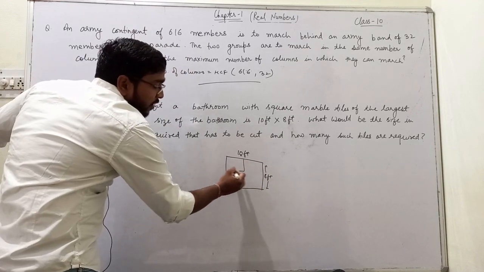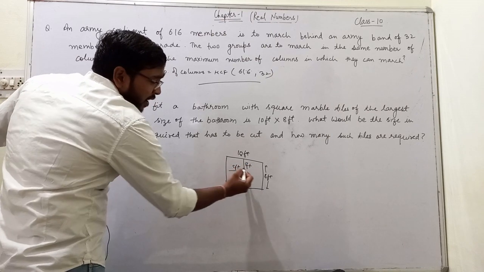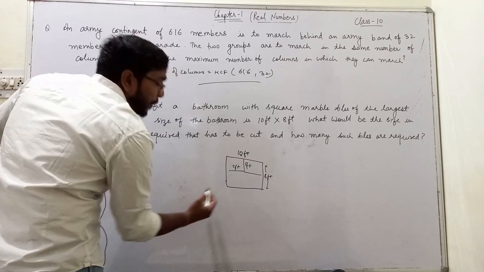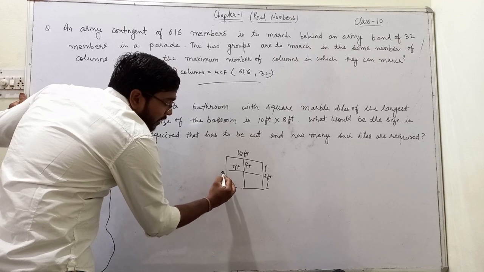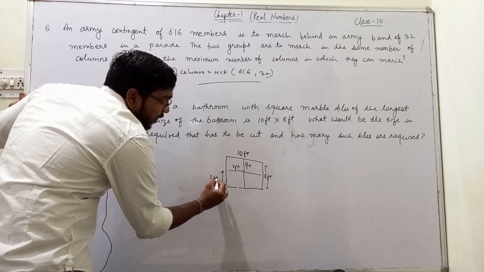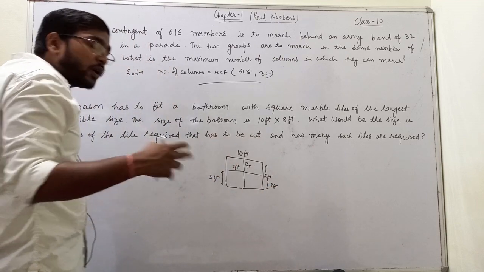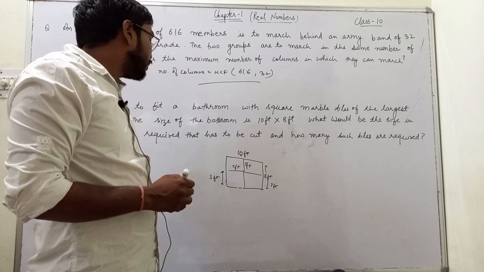If he puts 5 feet by 5 feet tile, then in the length this tile will fit comfortably, but the next tile will not fit, because this remaining breadth will be only 3 feet. So he will have to cut this tile to fit into the bathroom.